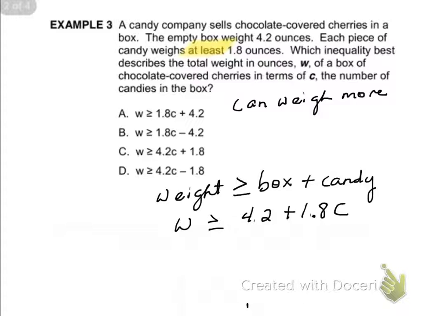But again, this could be more. So that means our inequality is the greater than or equal to here. Now we're lucky in that they don't give us any less than or equal to's. We didn't have to really choose that in this problem. But what we need to watch is where does the C go?